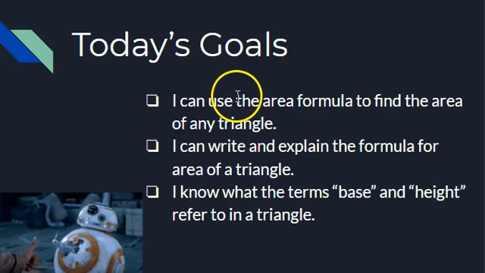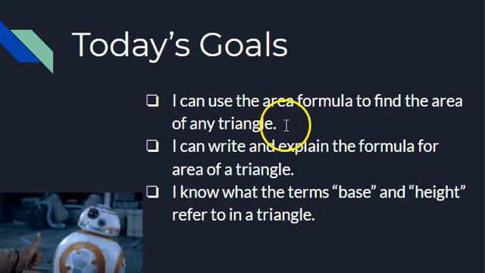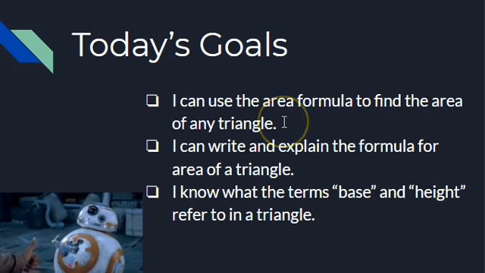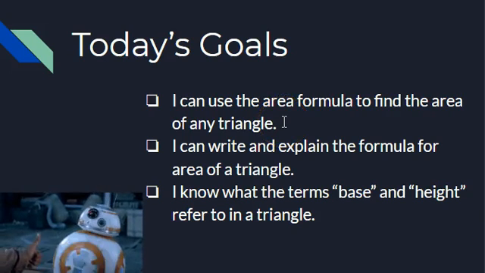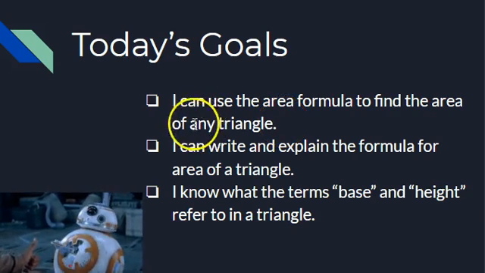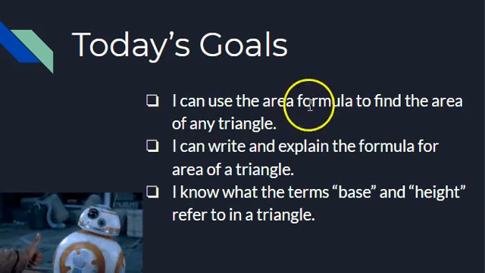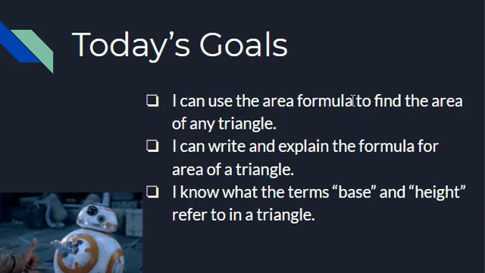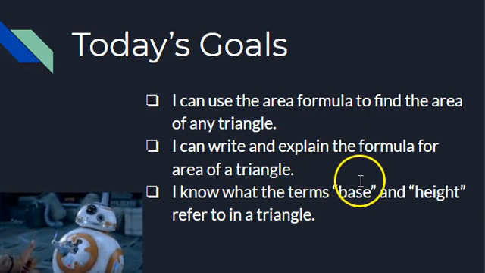So just like we were talking about before with parallelograms, we're using basically the same theory, except that a triangle is half of a parallelogram. So we found the formula: 1/2 times the base and the height of a triangle, or base times height, and then divide by 2. And we can write it and explain it.